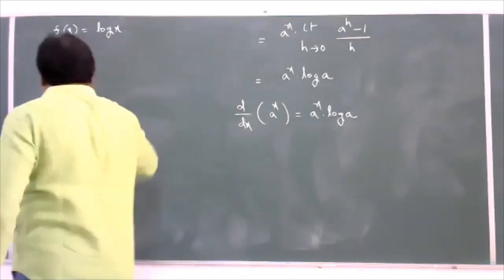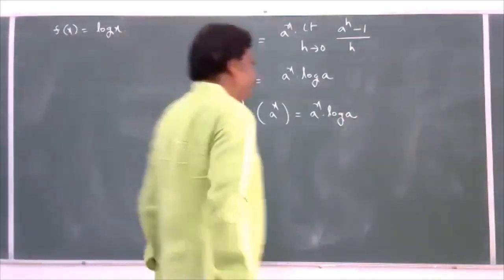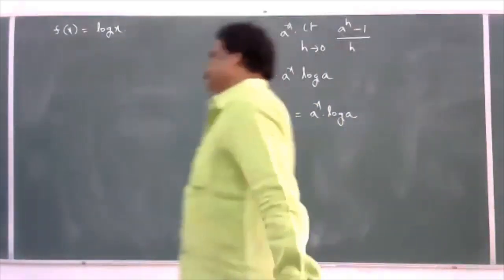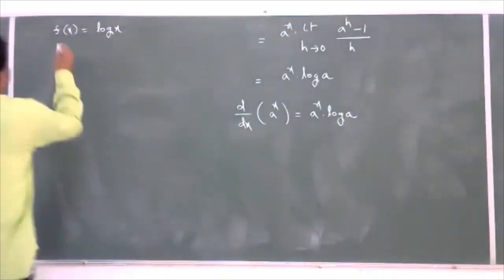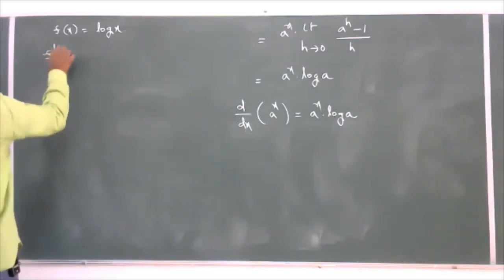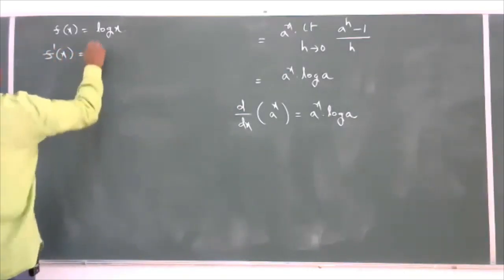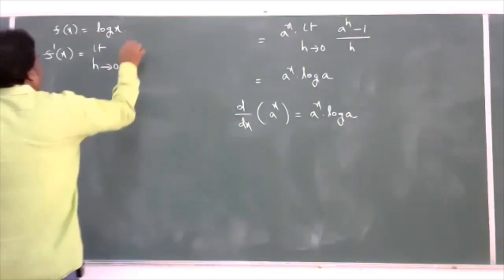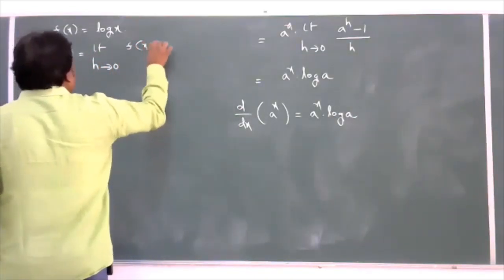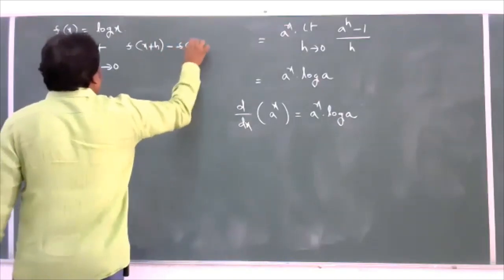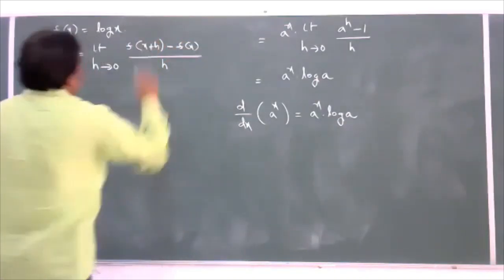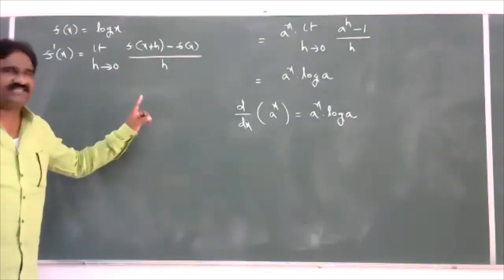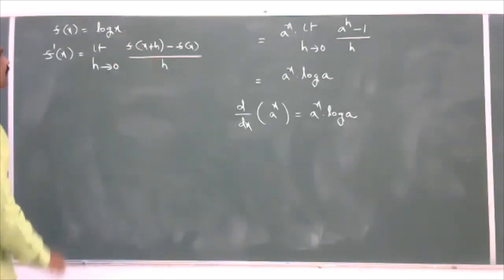So again, you do the same way. What is the first principle formula? First you write the formula, f dash x is equal to limit h tends to 0, f of x plus h minus f of x by h.